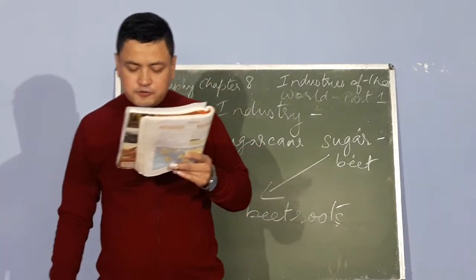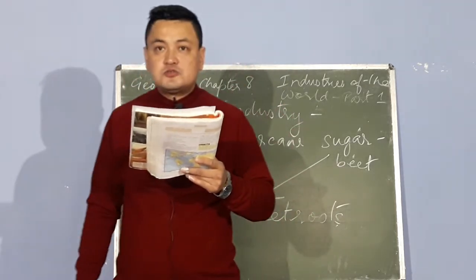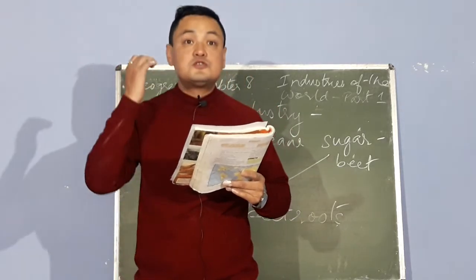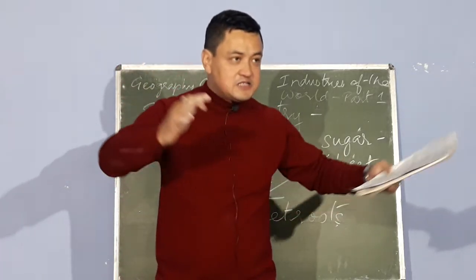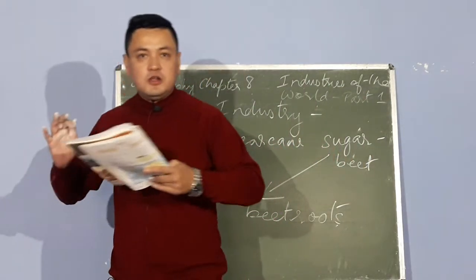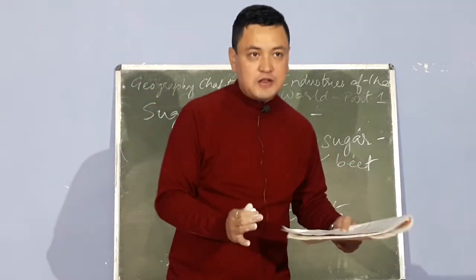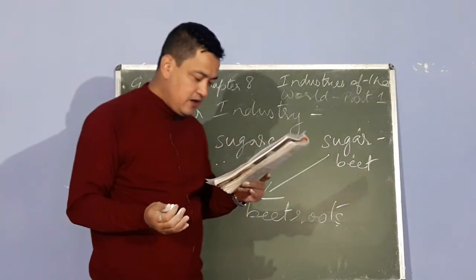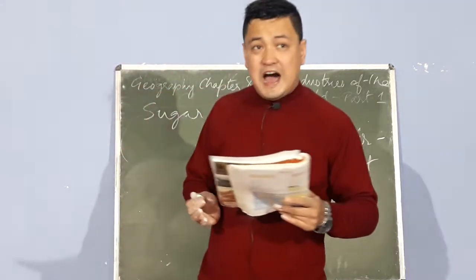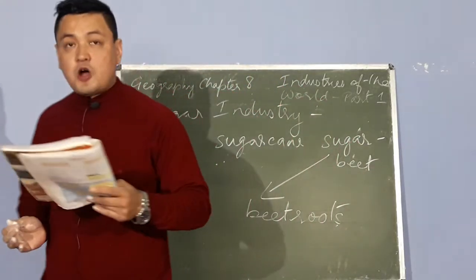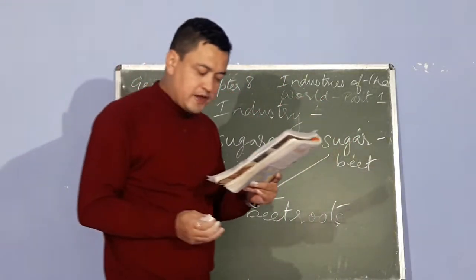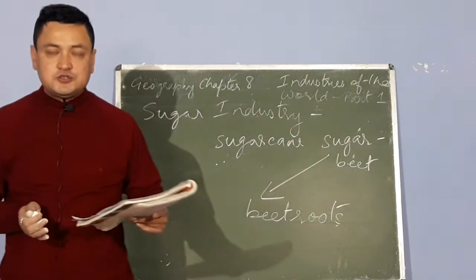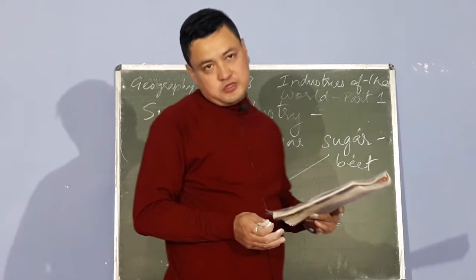The humid tropical regions use sugarcane for making sugar. So the areas where you have humid tropical climate use sugarcane for making sugar. So what are the humid tropical regions? These humid tropical regions are near the equator, between the Tropic of Cancer and Tropic of Capricorn, and their latitudes range from 10 degrees to 25 degrees north.